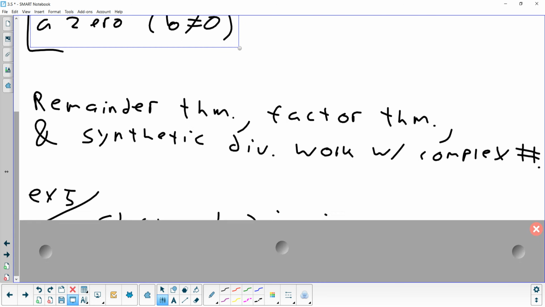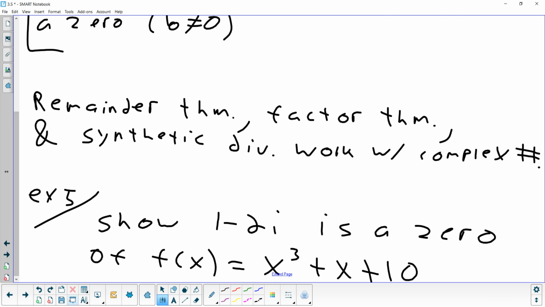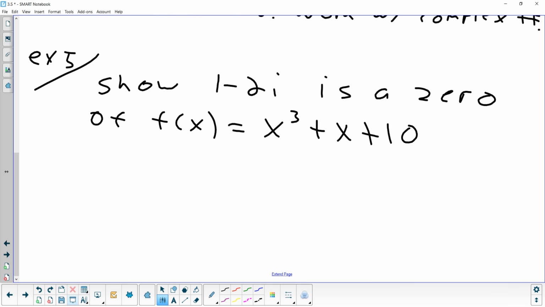I want you to show me that 1 minus 2i is a 0. Is a 0 the same as a root? Yeah. Thank you. So 1 minus 2i is going to go on the outside. And what are going to be my numbers on the inside? Yeah. 1, 0, 1, 10.